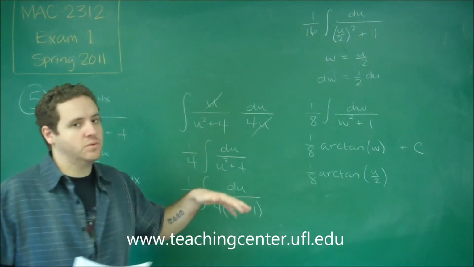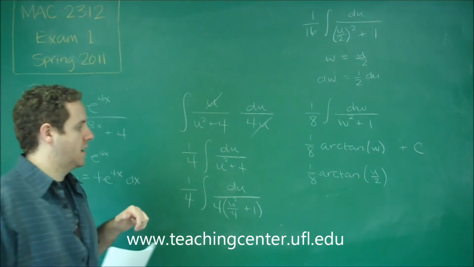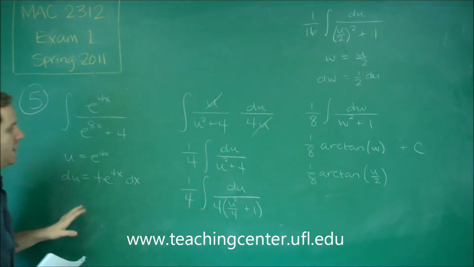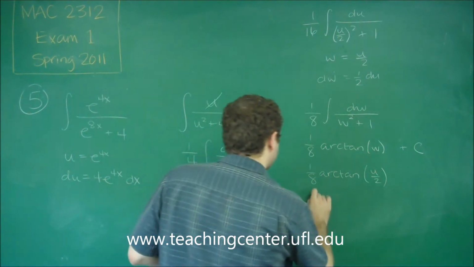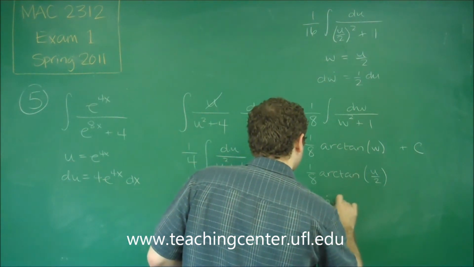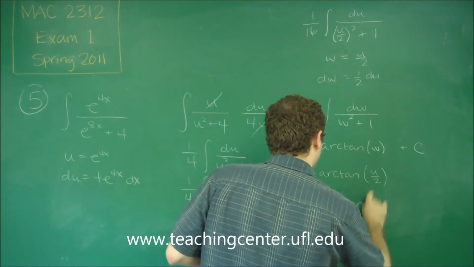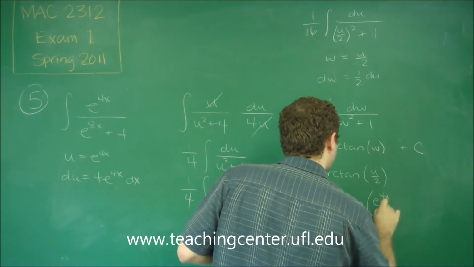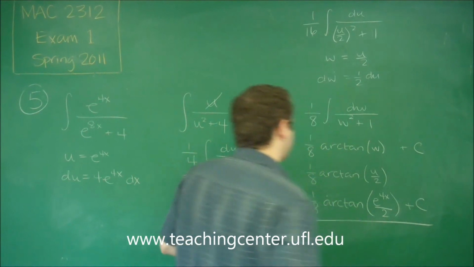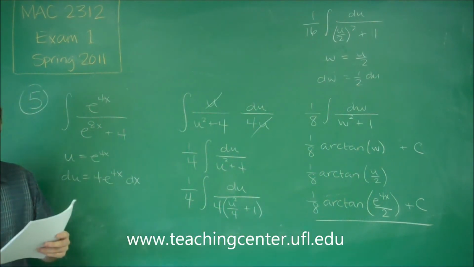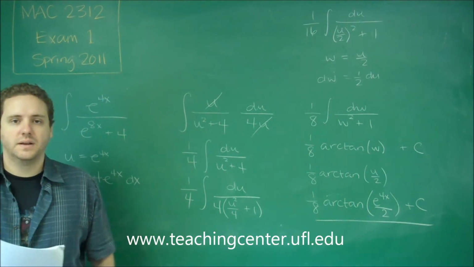I just wanted to show it out and show you that it does work that way. And then finally, instead of u, we should be putting e to the 4x. So we should have arctan of e to the 4x divided by 2 plus c, and that's our final answer.